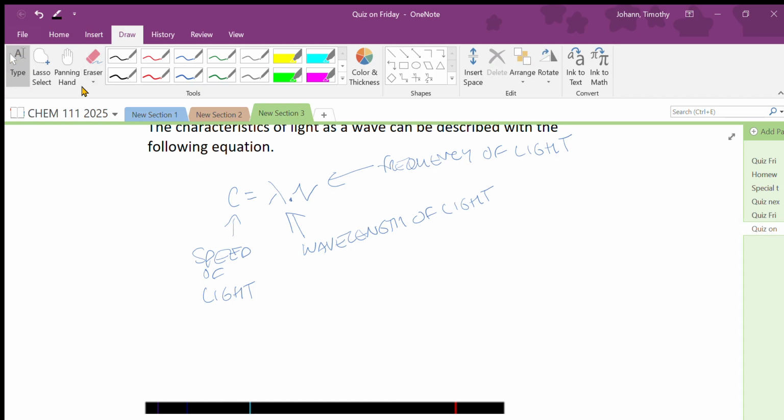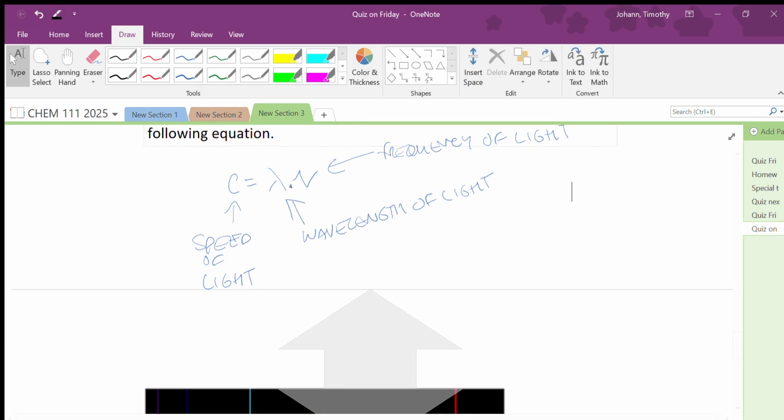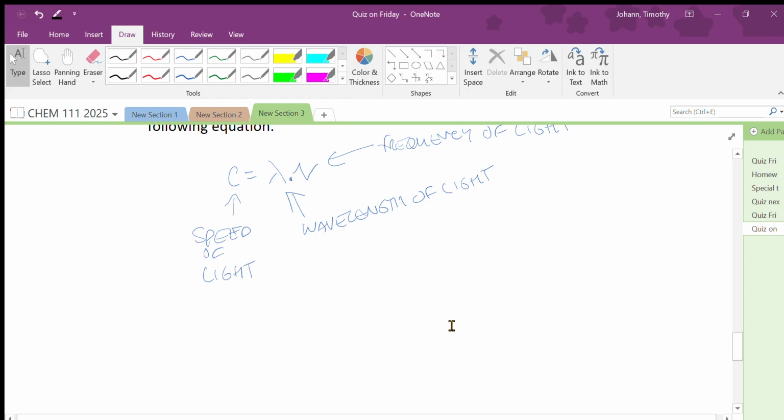Now, people like to talk about light in terms of nanometers because that's where the length of light is in the visible spectrum. So light we see is on the order of 400 to 700 nanometers in length, and everybody likes to talk about things in something between 1 and 1,000 when you're counting it. So you switch to nanometers. I'm going to start out by just talking in meters, so the first conversion's easy, and then we'll do one that's a little more complicated.